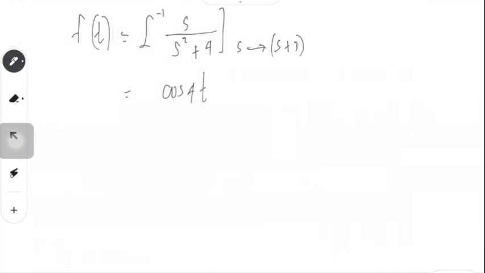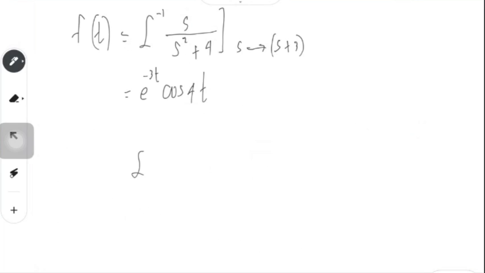And from theorem number 2, first shifting theorem, pagka meron kang ganitong assumption, ibig sabihin, meron kang multiplier na e to the at. But a is negative 3. Any question? Tingnan ninyo yung theorem number 2.